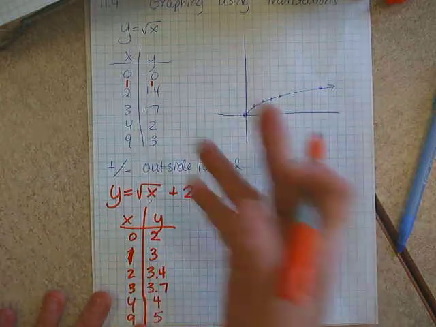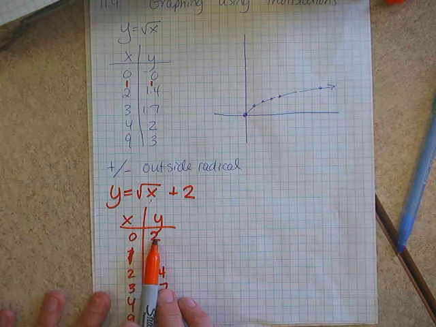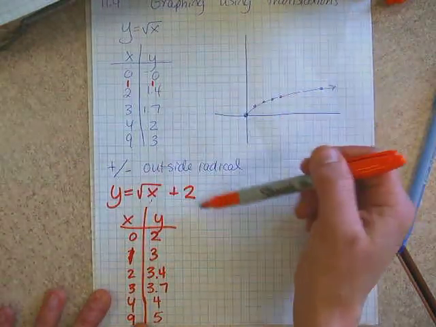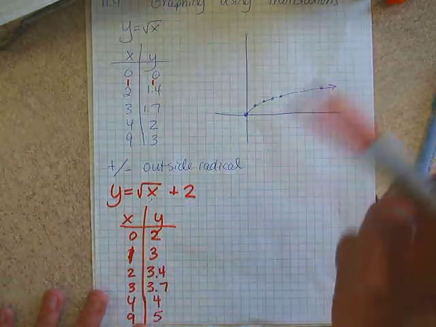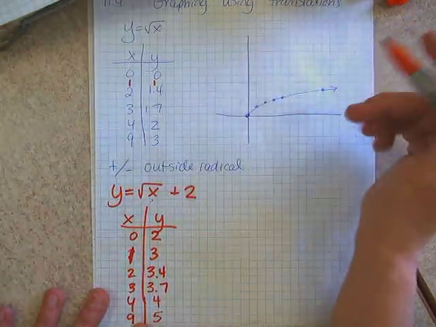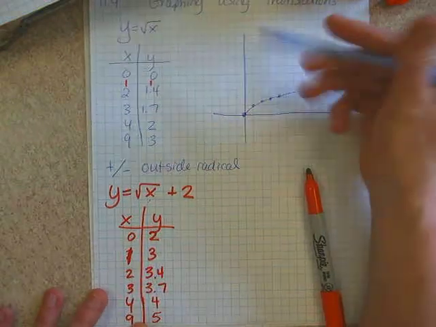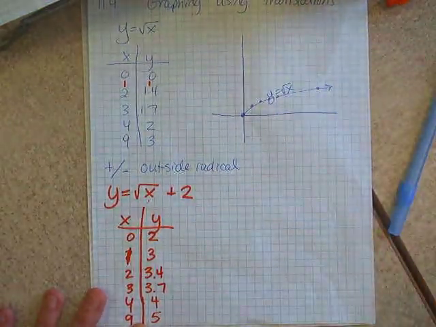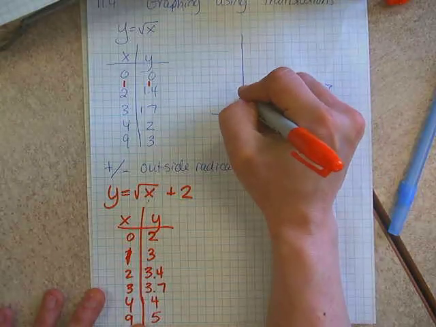What is important is if I graph these points, I took the square root of 0, which is 0, I added 2, I got 2. So this is just these increased by 2. But if I graph them, I'm going to do them in the same spot. So this is the graph of the square root of x.